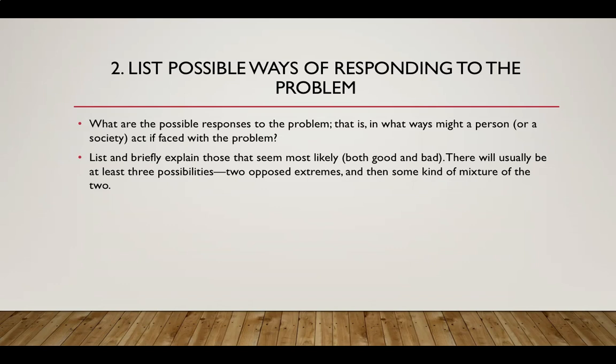So if we are applying this to the story that we looked at about Bill, we might say that the 2 extremes are to either turn Bill into the manager, or to not turn Bill into the manager. But we can see that there's also a third option that's kind of a mixture of these 2. Right?